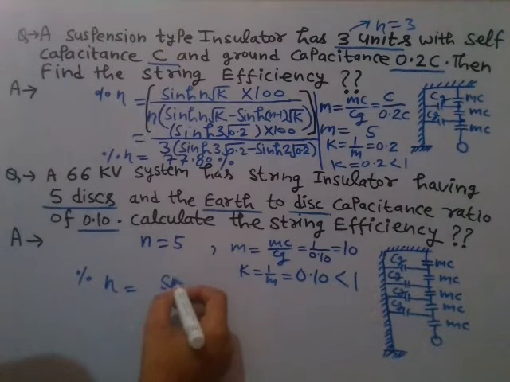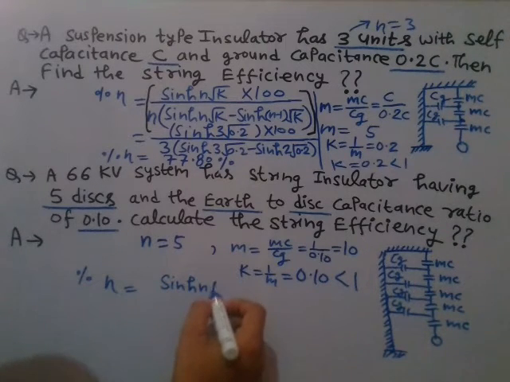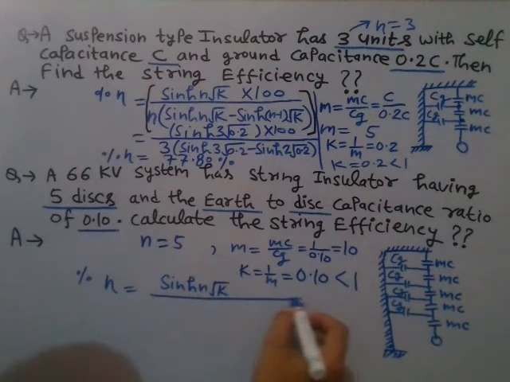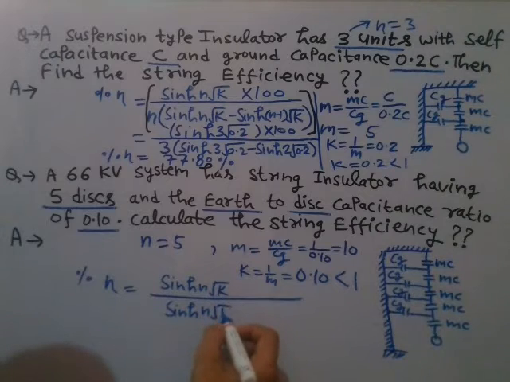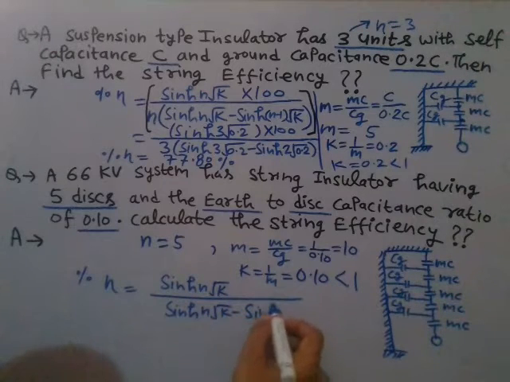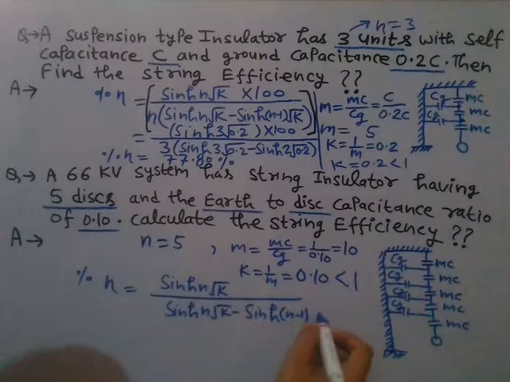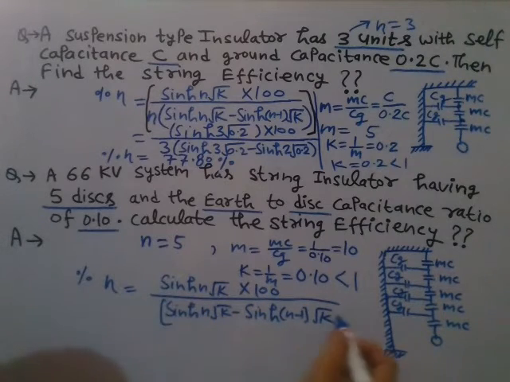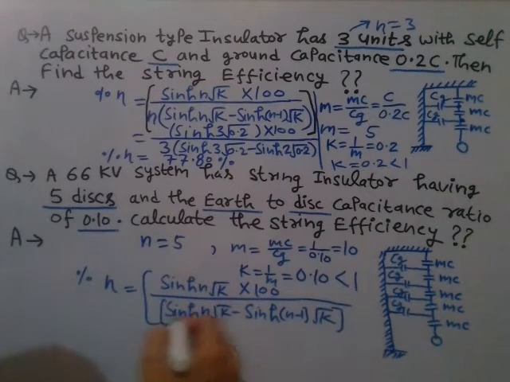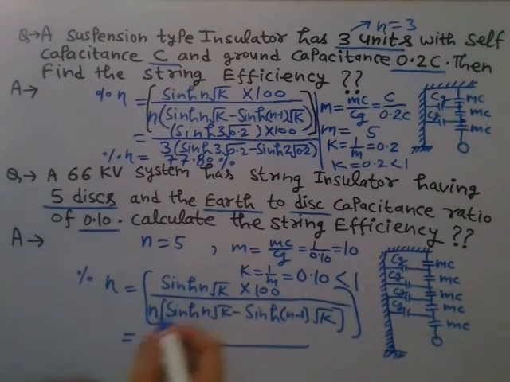String efficiency is equal to sinh(n root k) divided by sinh(n root k) minus sinh((n minus 1) root k). For calculating the percentage, multiply by 100 and divide this by n, right? So just put all the values and get your answer in a single stroke.